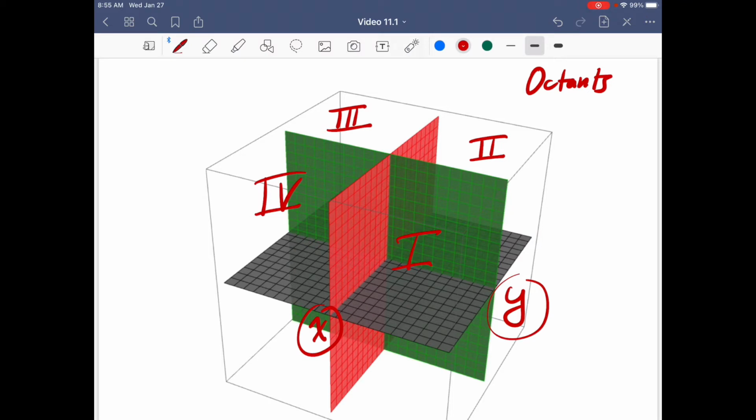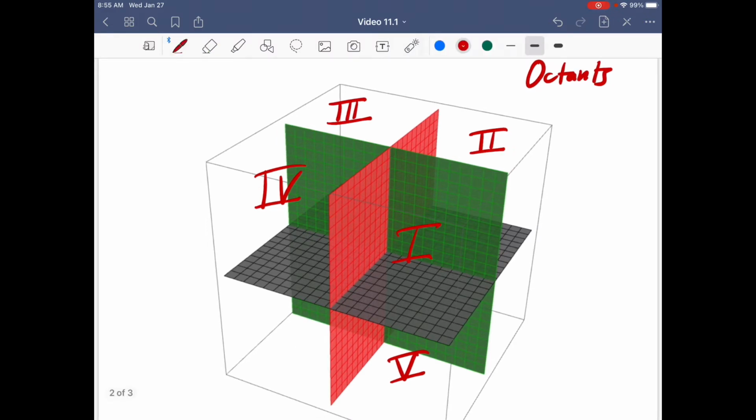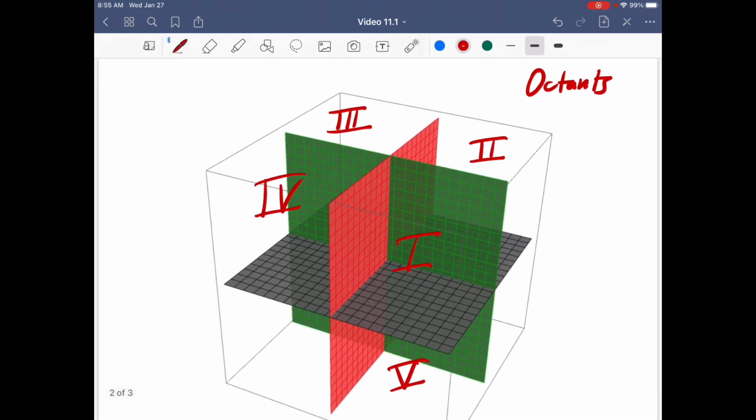So below the first quadrant would be the fifth octant. Below the second would be the, you guessed it, sixth. The seventh is completely out of the picture. Seventh is hidden.